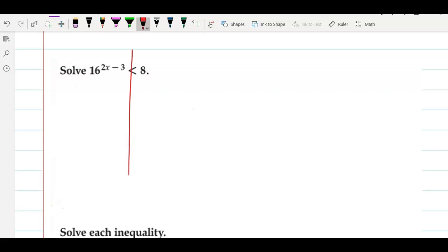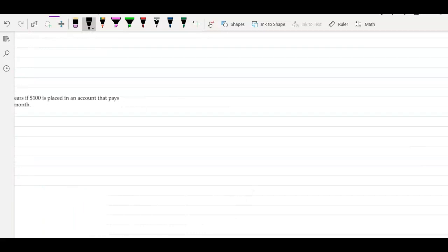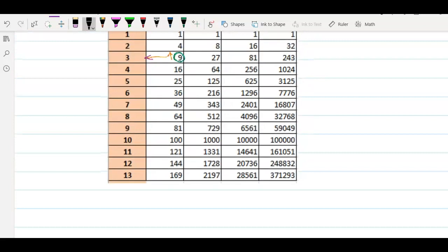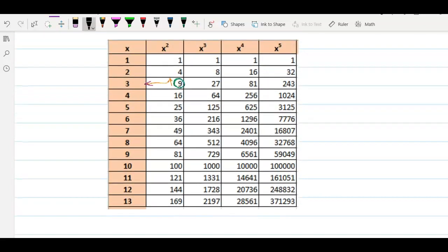We still are going to keep our two sides separated, and we want to express each number as a small base raised to a power. 16, again, you could flip back all the way up to your chart if it helps. 16 is just 4 squared. There's a 16, but there's another 16 over here. It's 2 to the 4th. 16 is 4 squared, and 16 is 2 to the 4th.